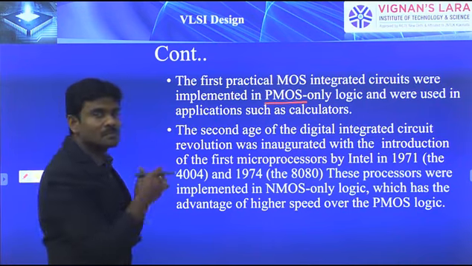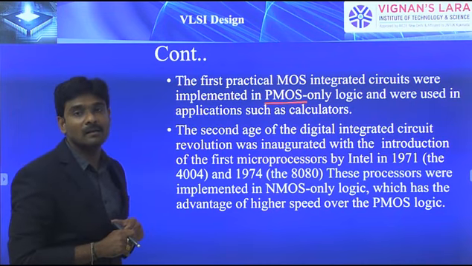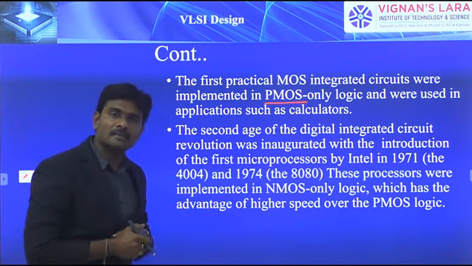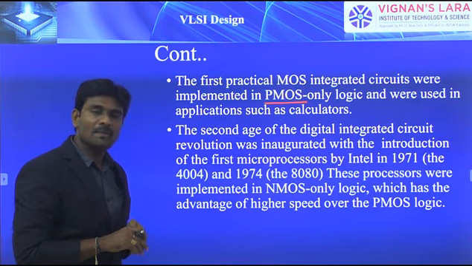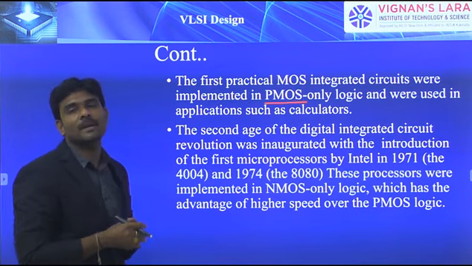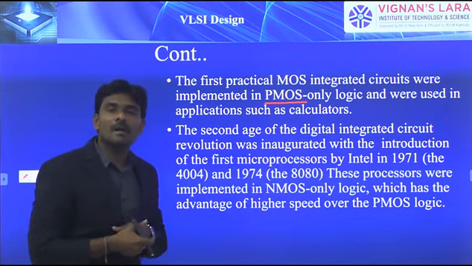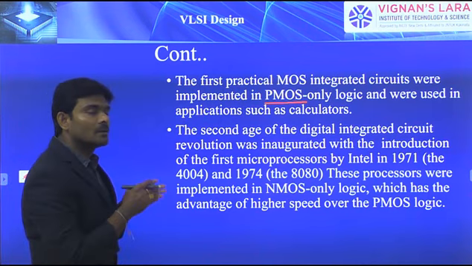Using PMOS technology, initially they realized calculators. But the drawback of PMOS is that it is not that fast, because holes are 2.5 times slower than electrons. So the main drawback of PMOS technology is that it is slow.